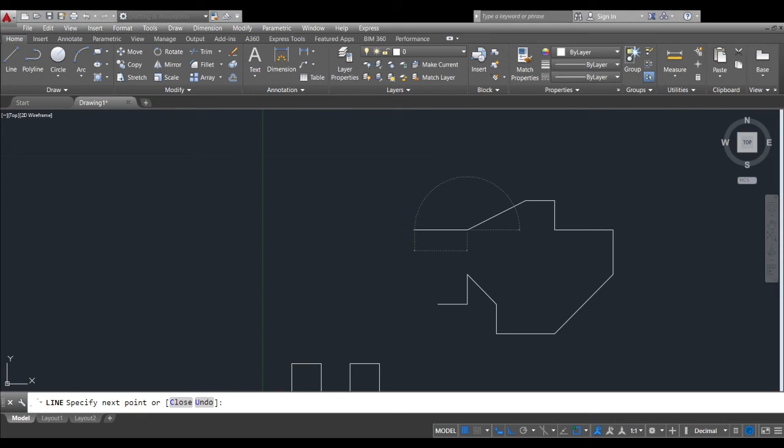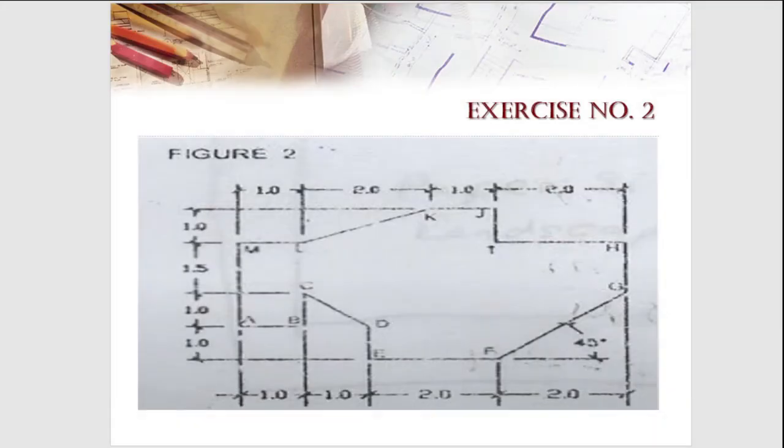Okay, and now we are down to point M. So point M, we can see from the figure that it moved 1 unit to the left and there's no movement in y coordinates. So the x coordinate of our last point is 7. So just minus 1 because we moved to the left. So 7 minus 1 equals 6.